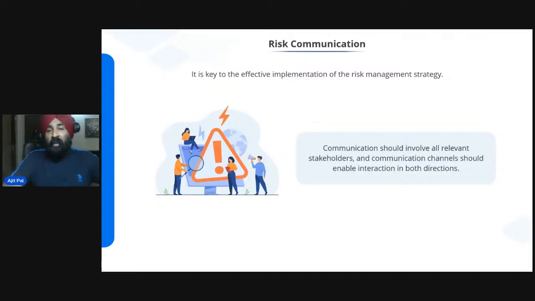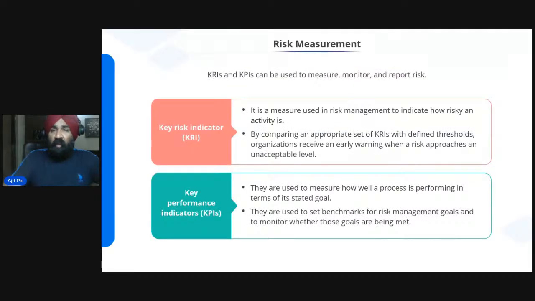There is a saying that if you can't measure, then you can't improve. So KPIs and KRIs, if you can't measure, you can't control. So you should have a process in place to measure the risk. KRI, how risky an activity is, like rate of security incidents. A sudden increase in security incidents could indicate a growing risk of cyber attack.